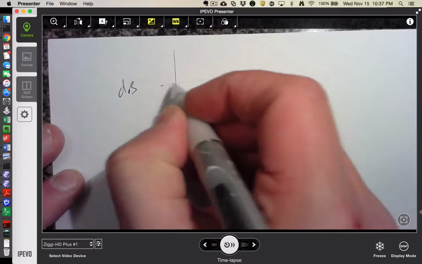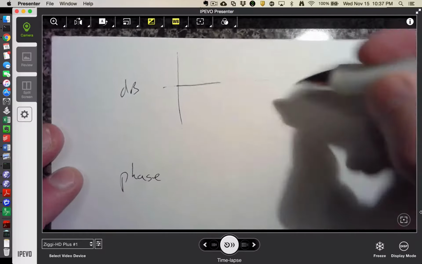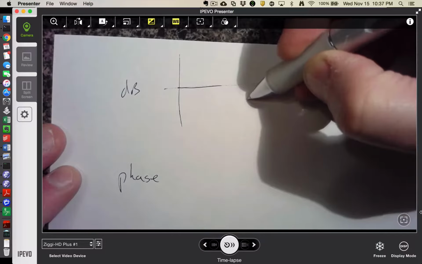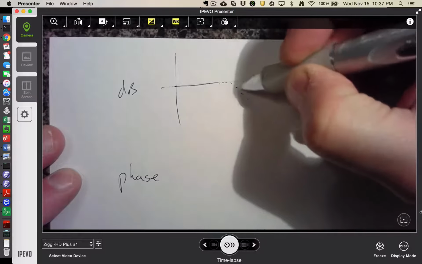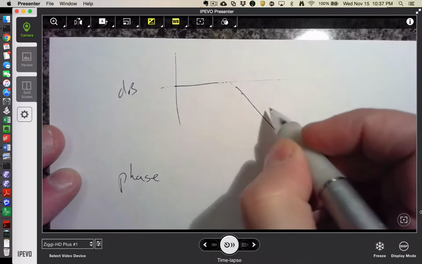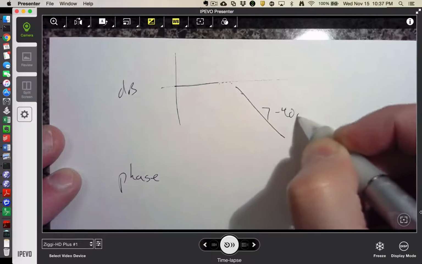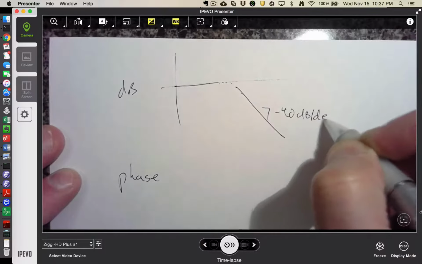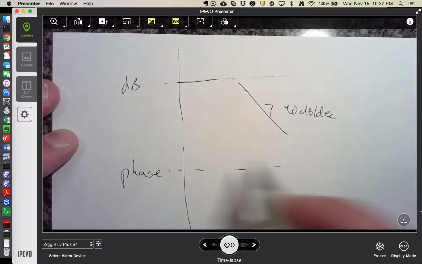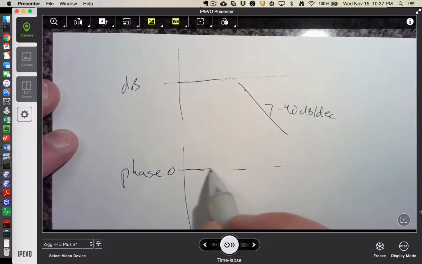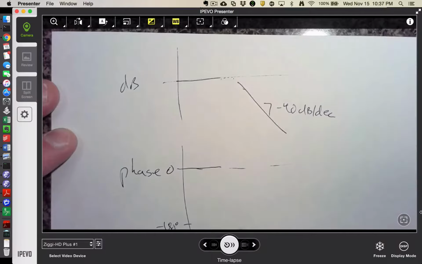At low frequencies, we're flat. At high frequencies, trying to not get too specific there at the actual intersection, but we have a slope of minus 40 dB per decade. And then our phase starts off at 0 and then ends up at negative 180.